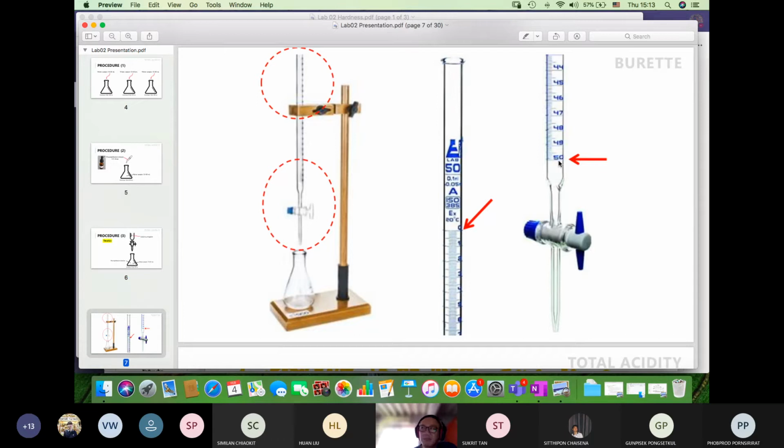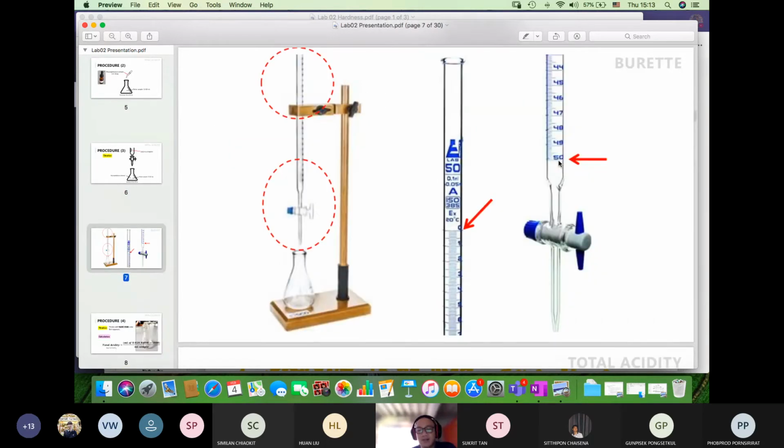So basically, in the burette you can put 50 ml of the titrant. And when reading the burette scale, you should look at the bottom of the meniscus. Only with that can you read the scale.